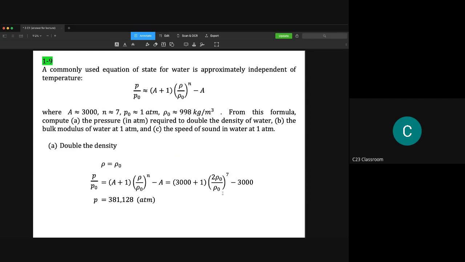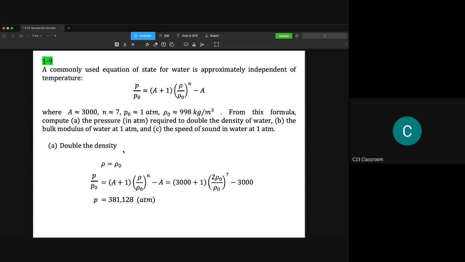Then we can calculate this equation and find that the pressure here is 381,128 atm.